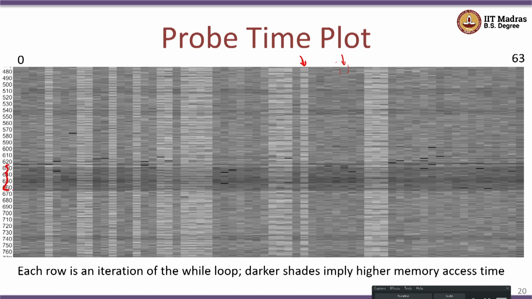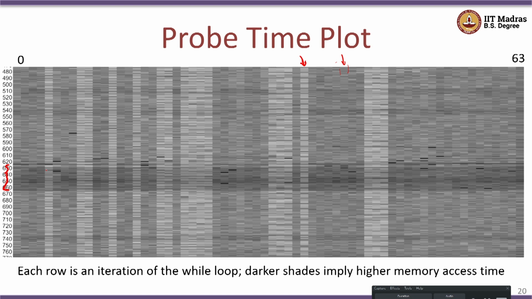Roughly from 630 to 660 iterations of the while loop, we see that there is a patch of gray, of darker color, which essentially means that during this time, there was significant activity in the processor, maybe due to a context switch or an interrupt or something, which caused a lot of disturbance in the cache, and the spy has recorded this disturbance with an increase in the access time.